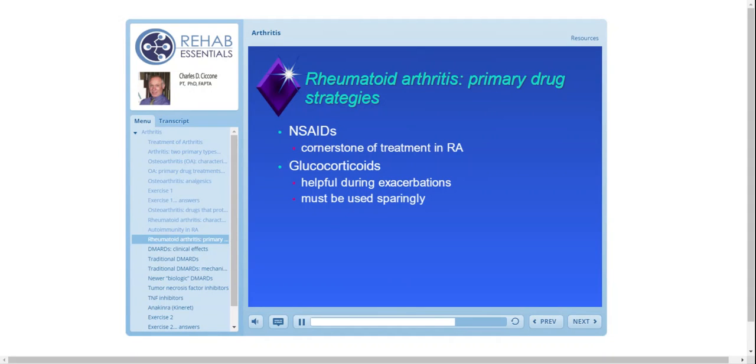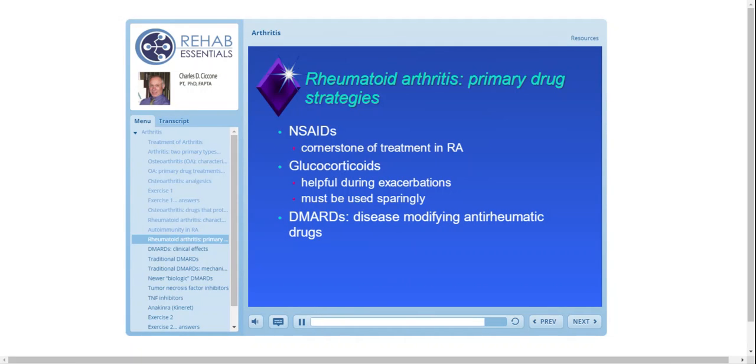So in general, we see patients try to use these as sparingly as possible, maybe just during the exacerbations, or if they need to be on an anti-inflammatory steroid, a glucocorticoid, for prolonged periods, to use obviously the lowest possible dose to maintain that. And again, for more information, please refer to the other lecture, Part 2 of the pain and inflammation.